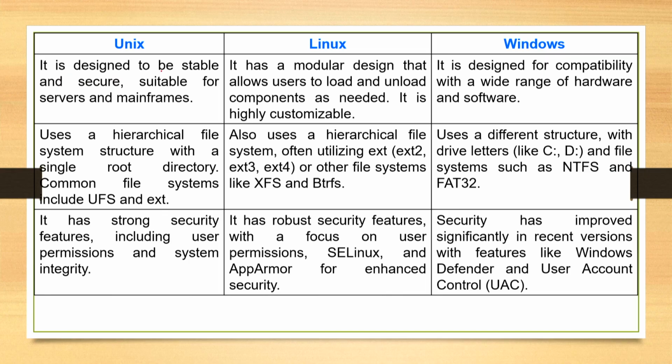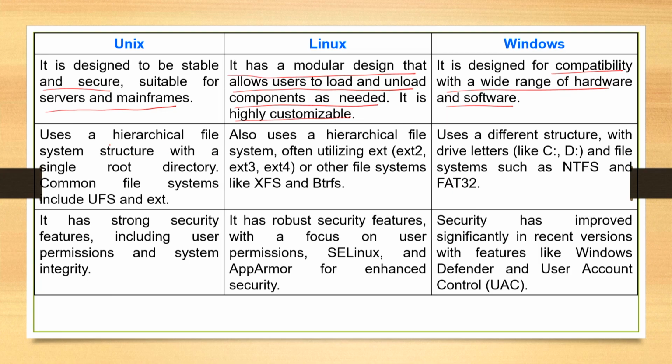Unix is designed to be stable and secure, suitable for servers and mainframes, whereas Linux has a modular design that allows users to load and unload components as needed, so it is highly customizable, whereas Windows is designed for compatibility with a wide range of hardware and software.